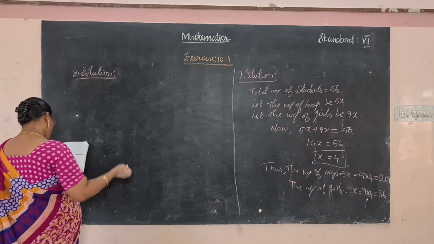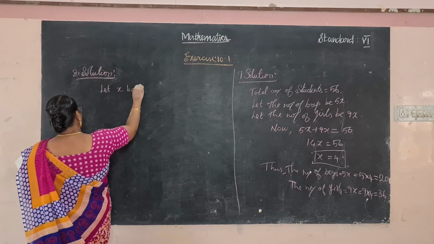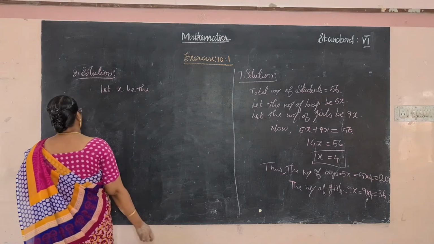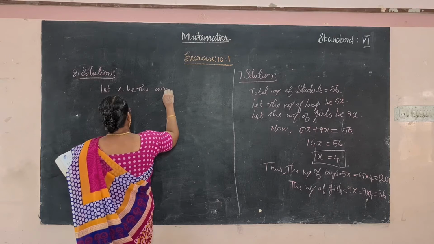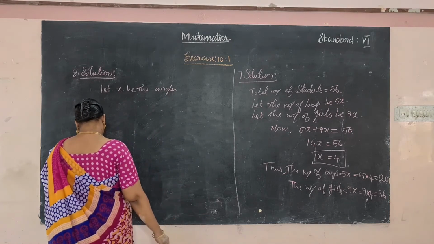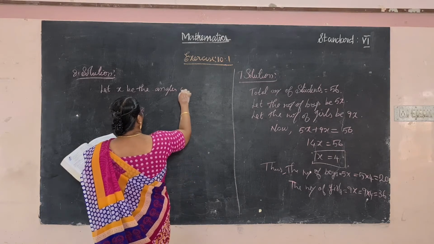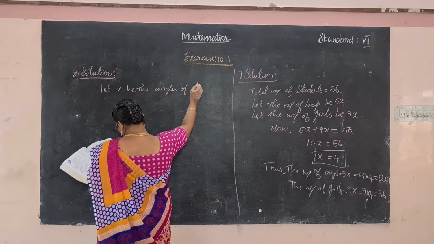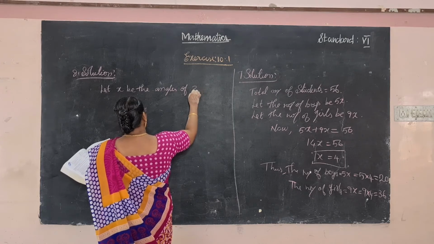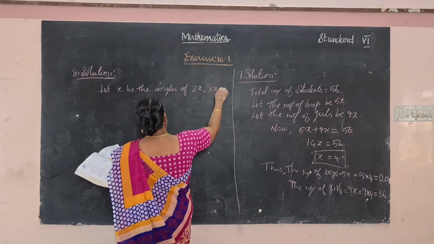So let x be the common factor, so the angles are 2x, 3x and 4x.